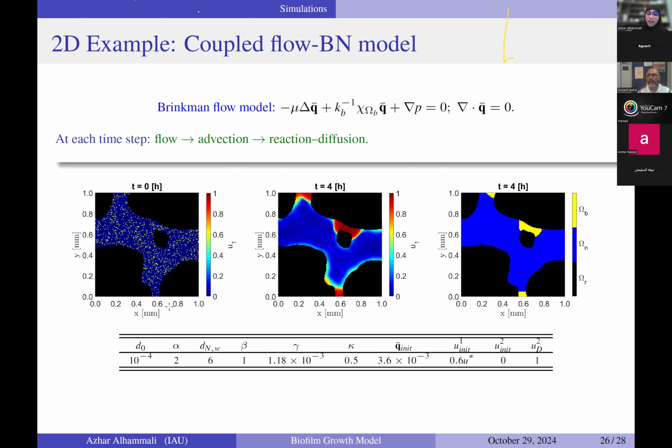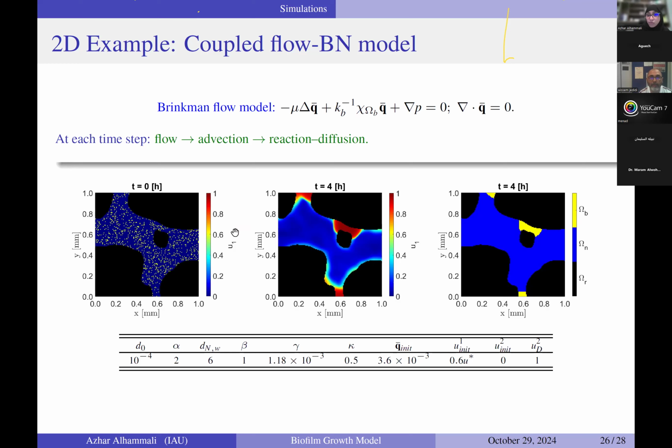We assume that at initial time, there is no nutrient, and the biomass fills 10% of the medium, and its density is 0.6. And the nutrient is injected over time, constantly at this wall. The fluid flows from left to right, and this is the initial rate.